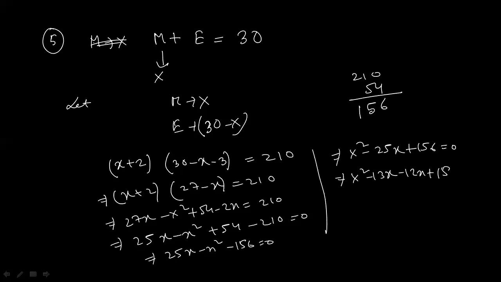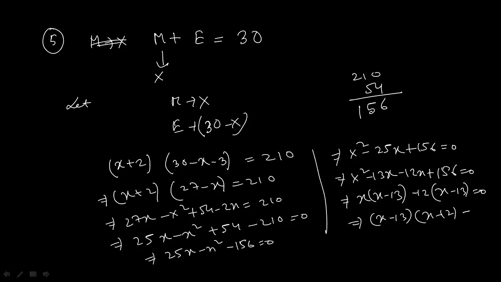Dipjyoti, mute the sound. So it will be x minus 13 minus 12 and x minus 13 equal to 0. So it will be x minus 13 into x minus 12 equal to 0. So x will be 13 or x will be 12.